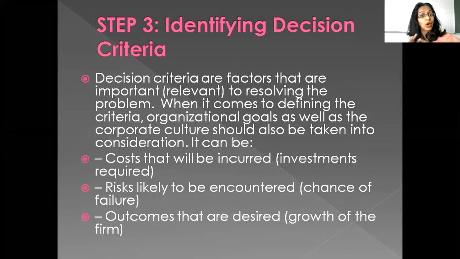For some companies cost is most important, so we have only this much budget, and within that we will come out with some solution. Usually there are three things which we take as important: cost, risk, outcome. If risks are less, I will immediately take a decision. If risks are more, I will not take the decision.